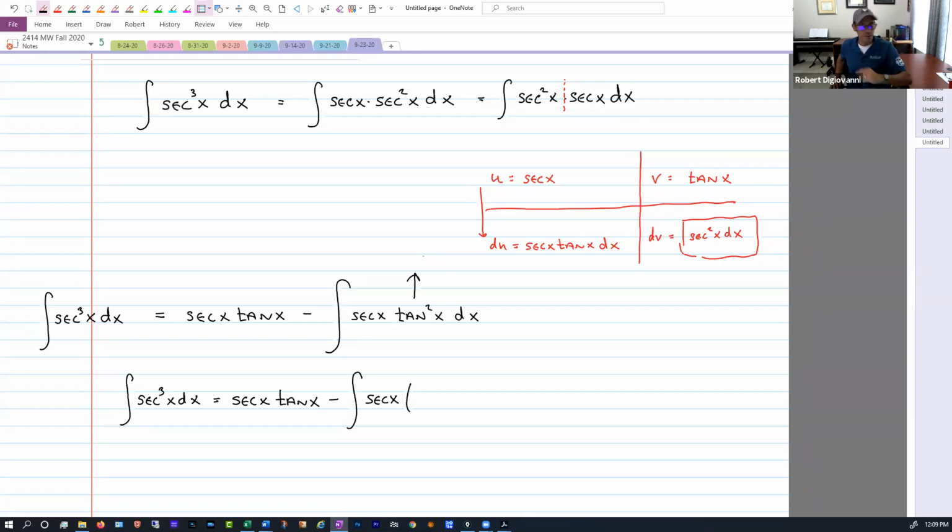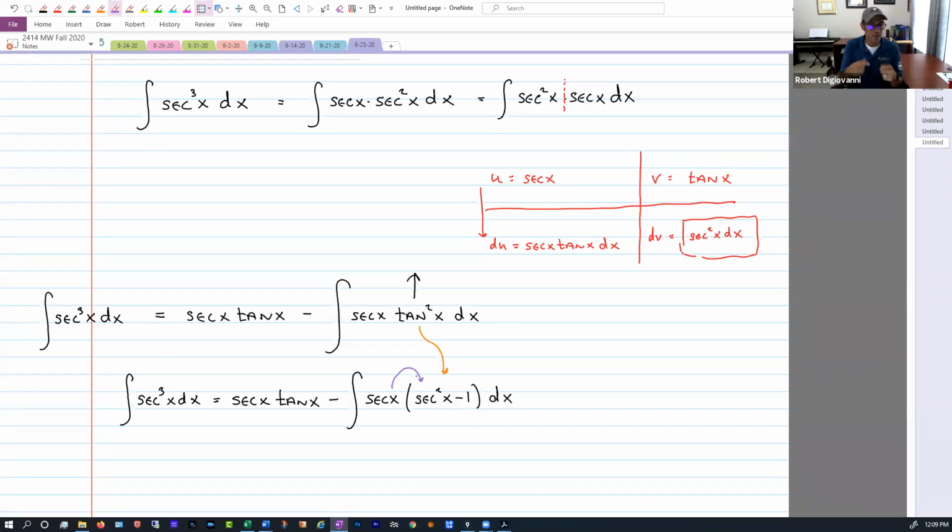You would have to move the 1 to the other side, so it becomes secant squared x minus 1 dx. And so what Christian was seeing was that if the tangent squared x became this thing, then when we do this distribution, we're going to get a secant cubed. And that's the original integral. And so maybe we'll be able to move that back to the other side.